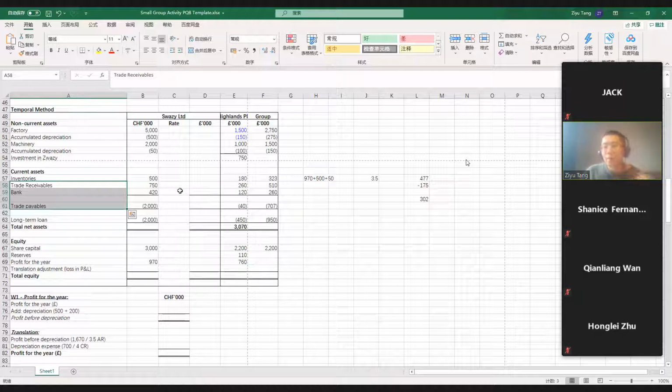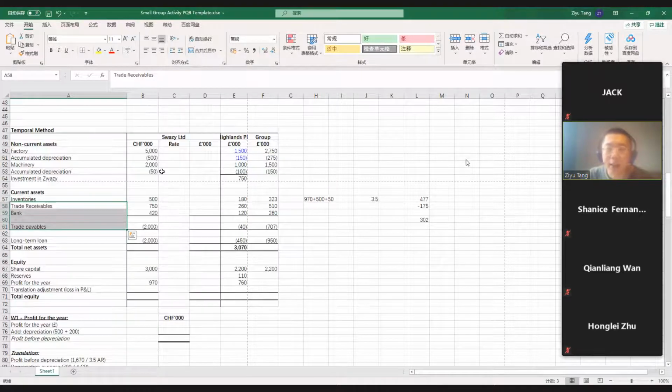So following the rules of the temporal method, non-monetary assets, how do we translate them? We translate them by the historical rate, right? Let's say the factory.